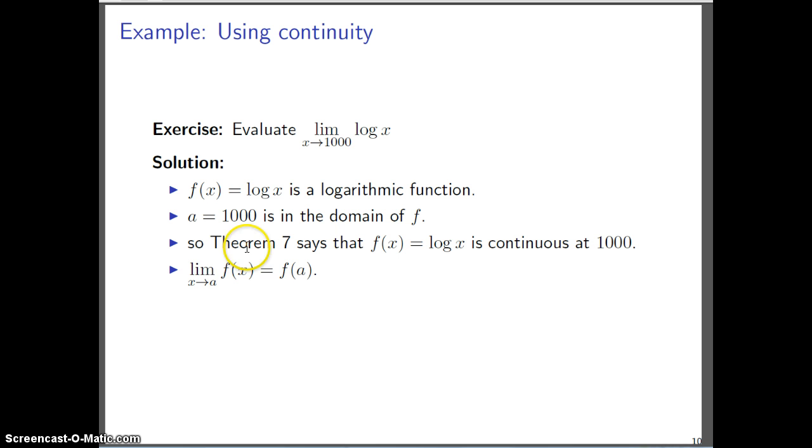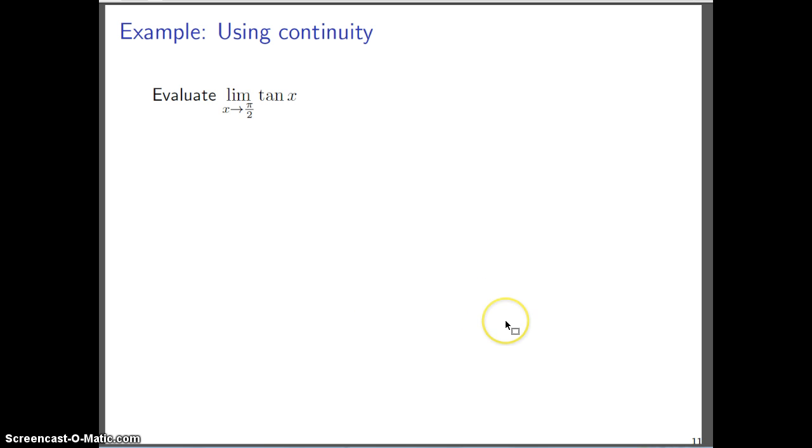Now that we know this function is continuous, we can just use this fact. That means plugging in a is 1000 and f is log. The limit we were asked to compute can just be replaced with f of 1000. And f of 1000 just means log of 1000, and this is log base 10. So 10 to the what power is 1000? That's 3.